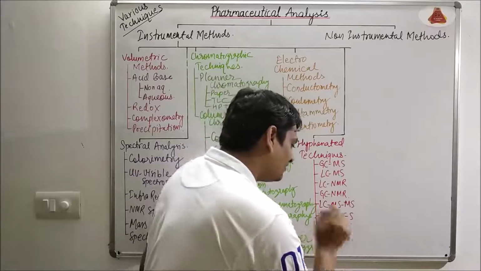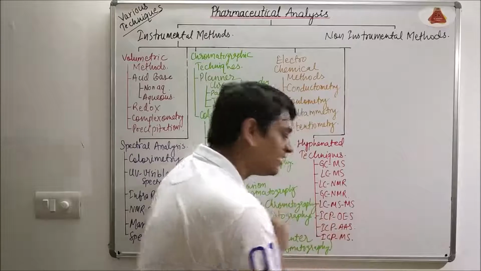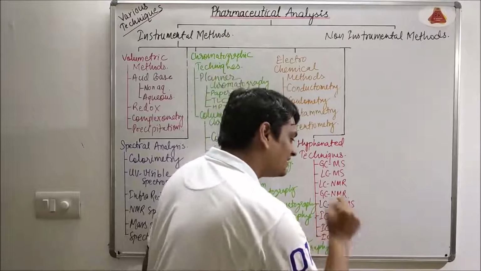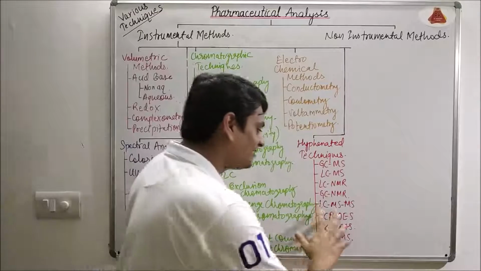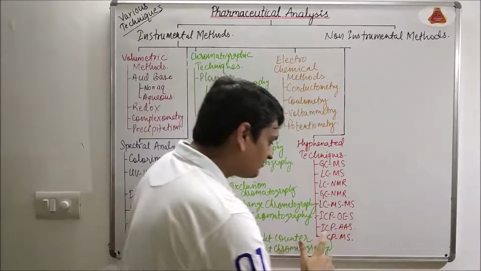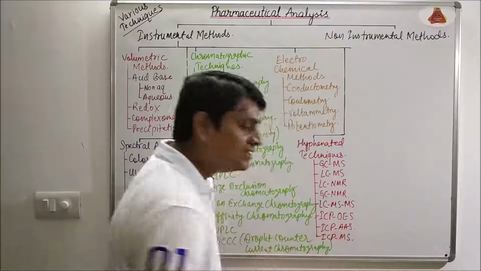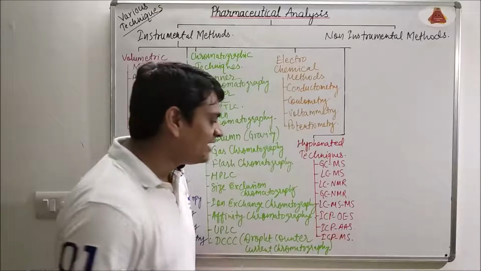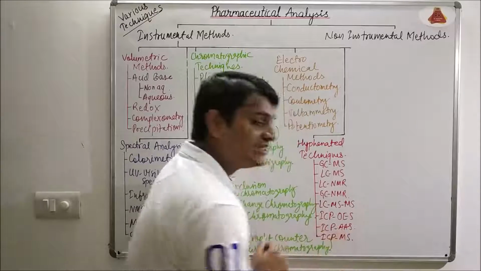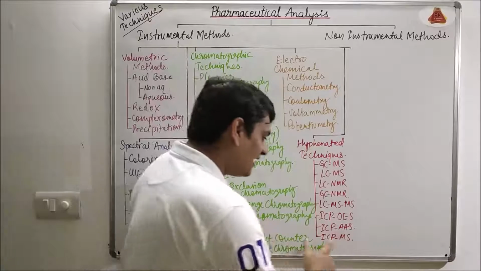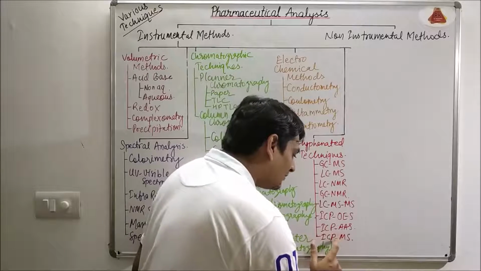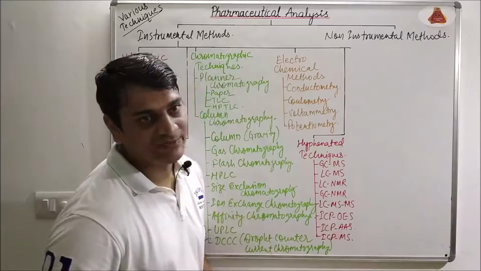Next one is ICP-OES, meaning inductively coupled plasma optical emission spectroscopy. It is used for determination of elements. Next one is ICP-AAS, meaning inductively coupled plasma attached with atomic absorption spectroscopy. And the last one is ICP-MS, meaning inductively coupled plasma attached with a mass spectrometer.